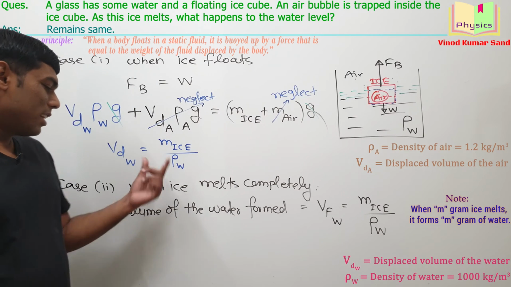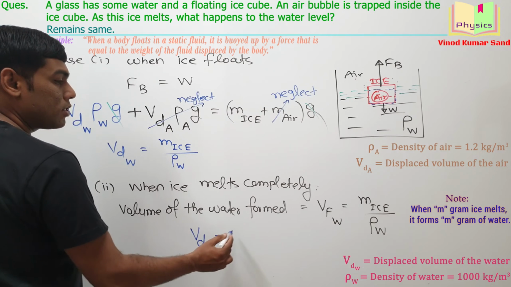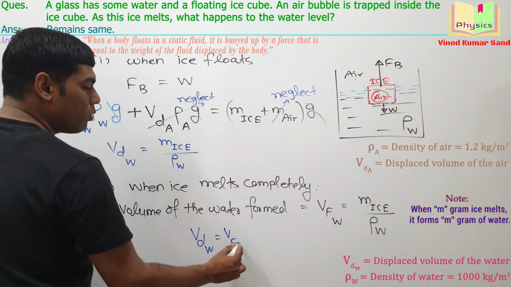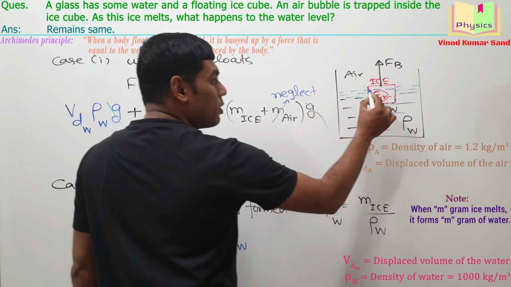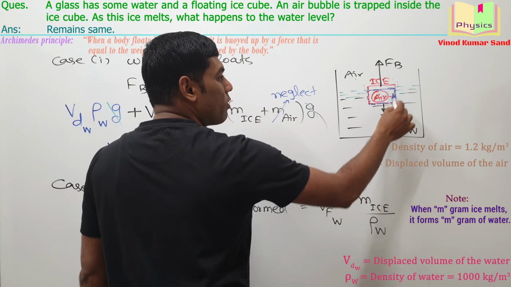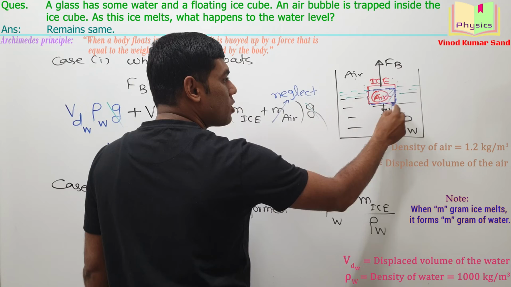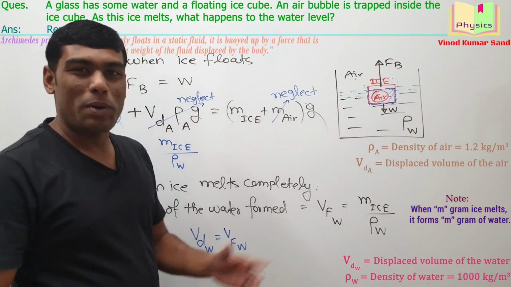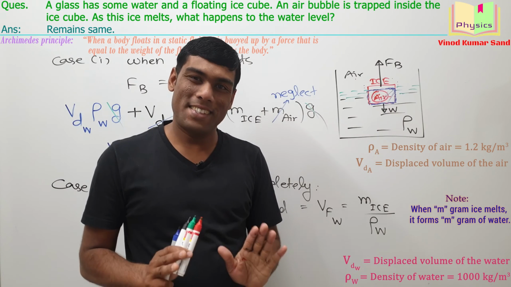Again, an interesting result. The volume displaced by the water is equal to the volume of the water formed. And since the volume displaced of the water and the volume of the water formed are equal, by melting ice, this much gap will be occupied inside the water. Hence, the water level stays same.